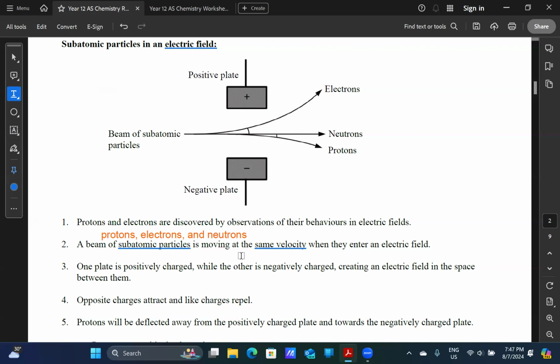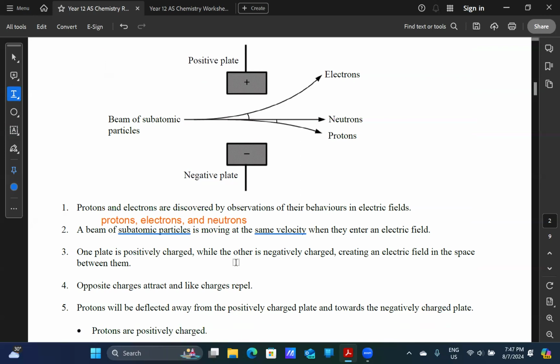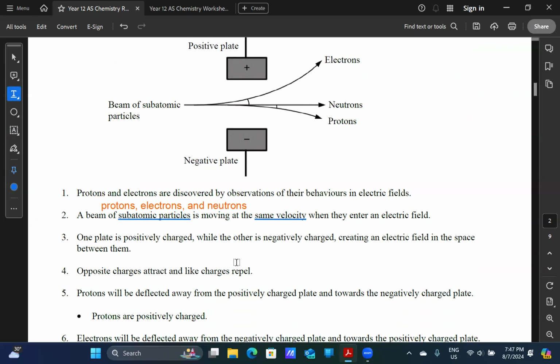If they travel at different velocities, then you cannot compare them. They must travel at the same velocity when they enter an electric field. One plate is positively charged while the other is negatively charged, creating an electric field in the space between them. So the space between the two plates is the electric field.